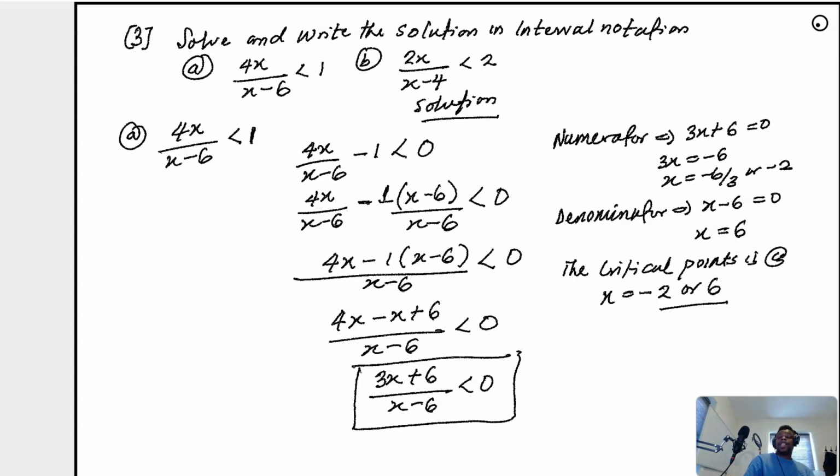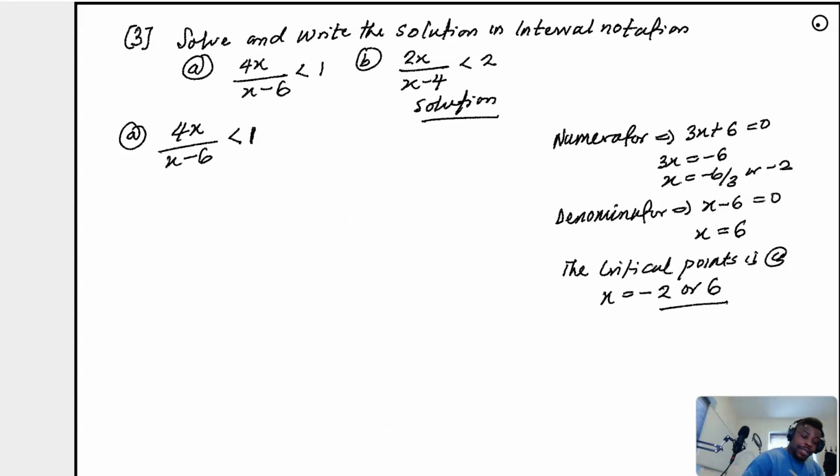Now, what next do you want to do? You want to represent this on a number line. So I have minus 2 and I have 6.